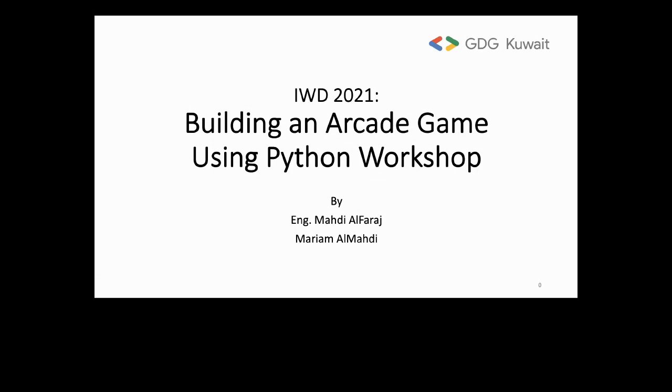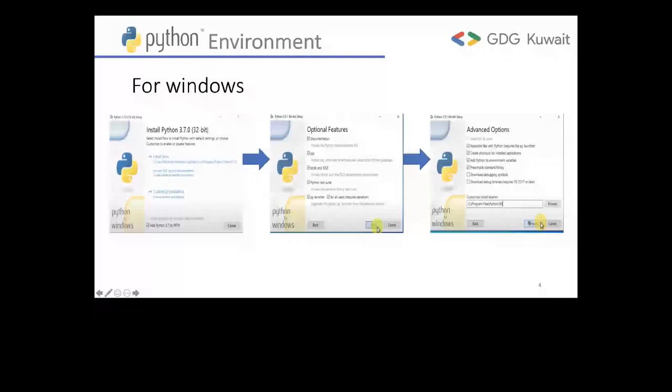After that, for Windows users, find the file that you've downloaded, click install now, and please make sure to check the checkbox that says add Python 3.9 to PATH. Then check all the boxes in the second window when you click install. Check all the boxes, then click next. After that, check the first 4 boxes, or if they are already checked, just click install.